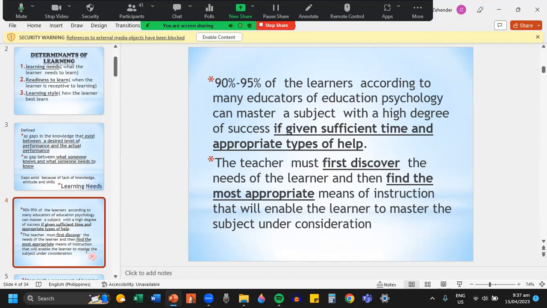Depende din sa situation and according to the content of the lesson. So in a way, we teachers have to be flexible. We have to adjust or plan out our lessons according to which learning strategy would be the best to use on students at a particular time.